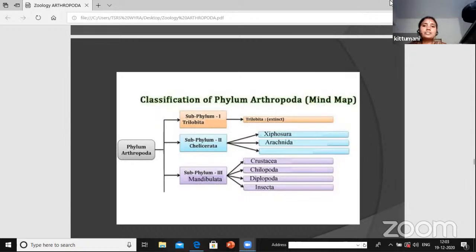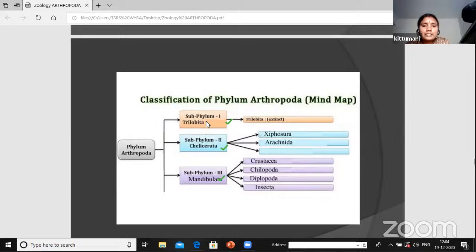What are they, students? Here, the subphyla Trilobita and Chelicerata and Mandibulata.